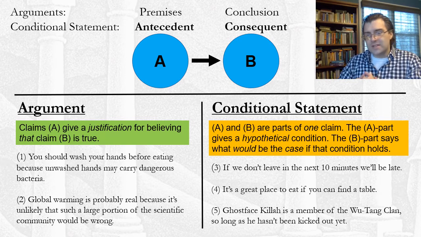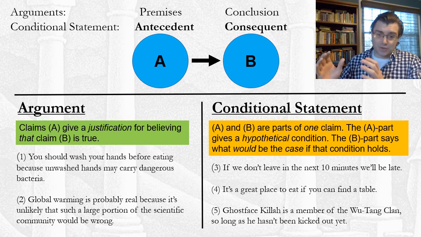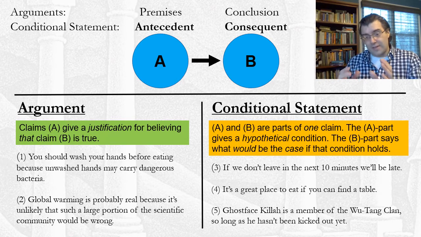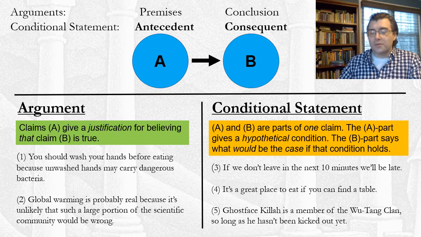And one of the ways to see very clearly that that must be the case is to ask yourself whether, in making a conditional claim, the author is asserting the A part or the B part. And the answer is they're not asserting those things, right? So if you look at 3 more closely, the author of this passage is not saying we don't leave in the next 10 minutes, right?